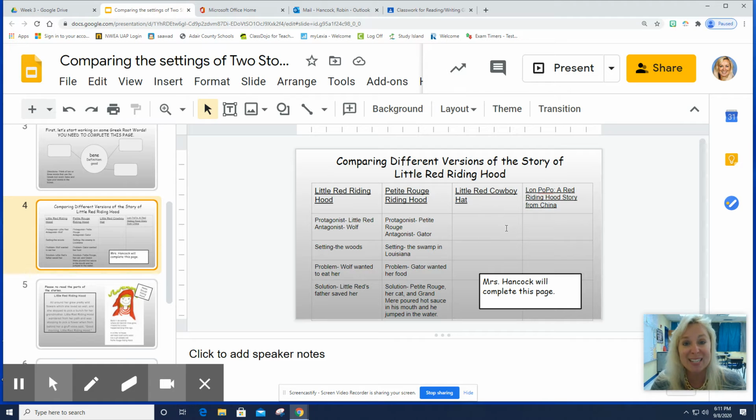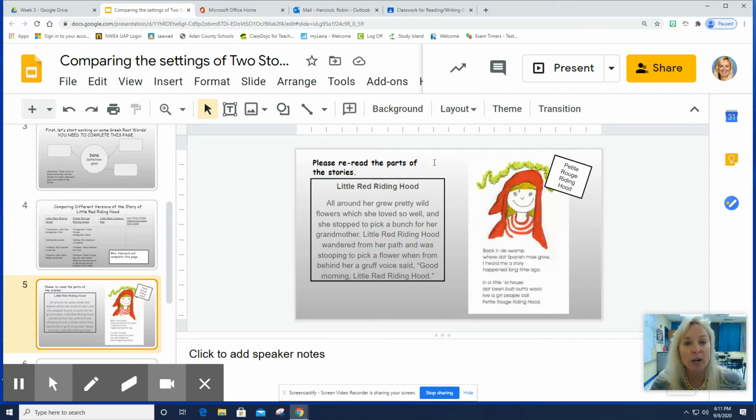And so it's going to be set out in the West. And you'll see how the fact that it's set out in the West changes the Little Red Riding Hood story. And then the last one we're going to read is Lon Popo, a Red Riding Hood story from China. And so you're going to see the fact that it's set in China, how that changes the Little Red story. So settings can change how a story is told, and that's why we need to pay attention to them.